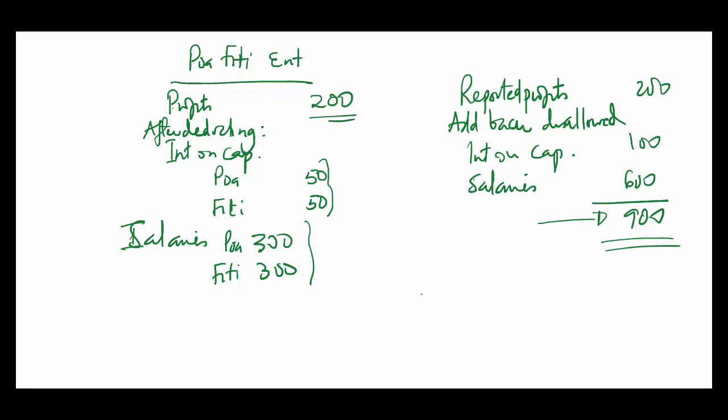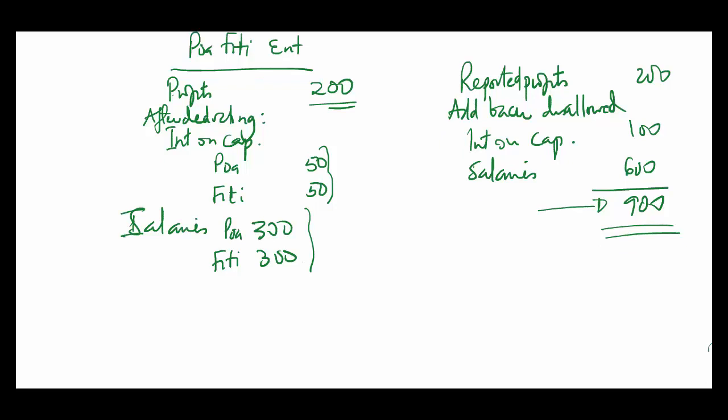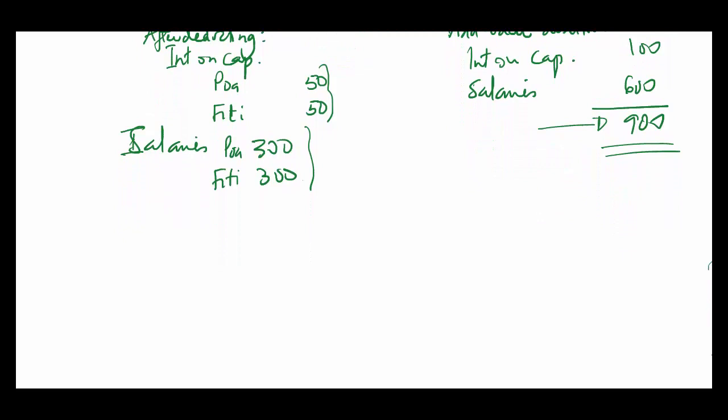So how do we go about this? Very simple. We just say that we have Poa, we have Fiti, and we have totals. So we always say that we have the salaries.